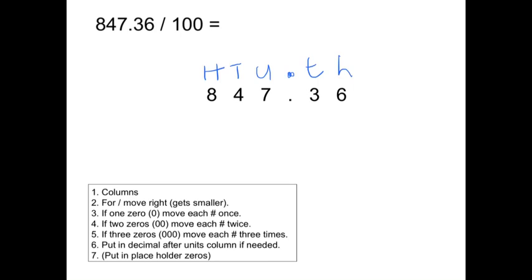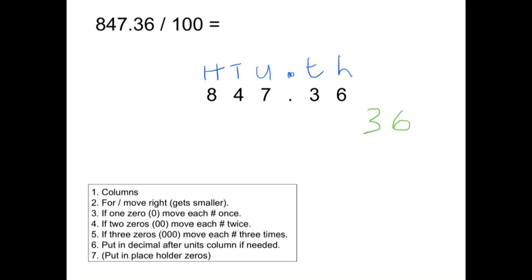Now, I'm going to move each number to the right, because I'm dividing, and I'm going to move it to the right twice. So I shall start off here with the 6. I'll bring it down, and then count 1, 2. The 6 will go there. Next, 3. Bring it down, 1, 2, 3 will go there.